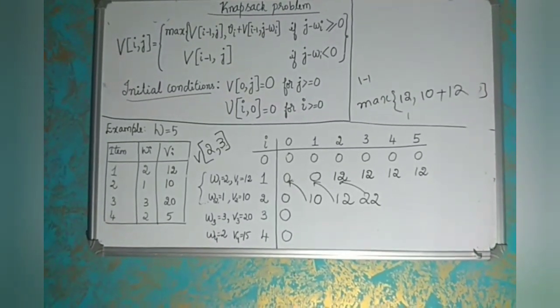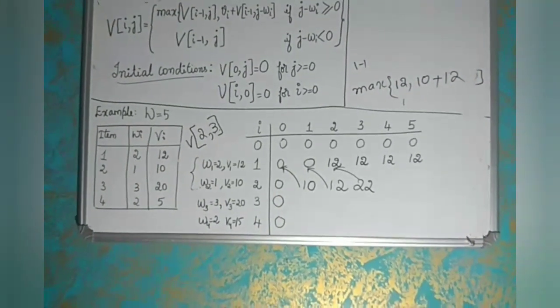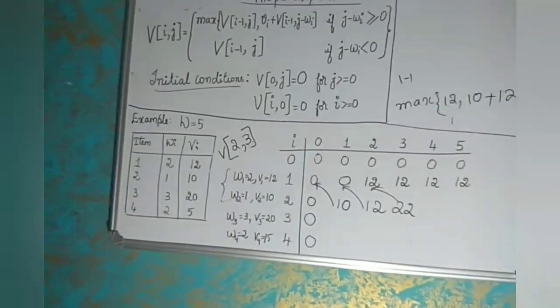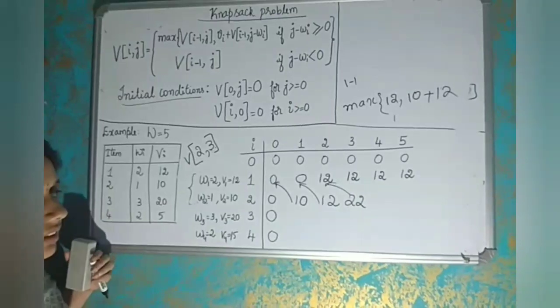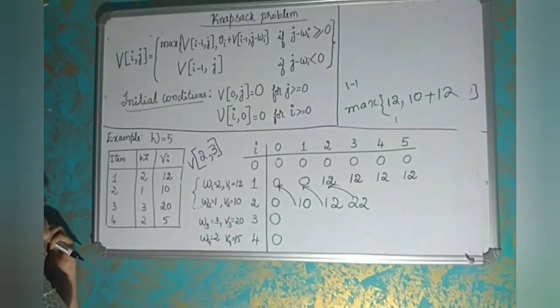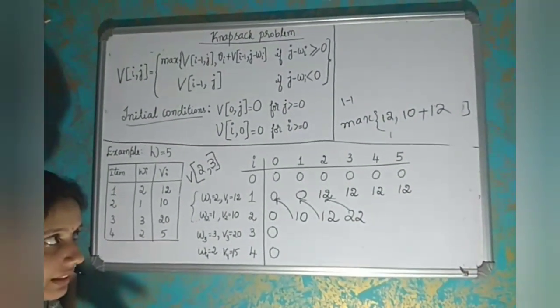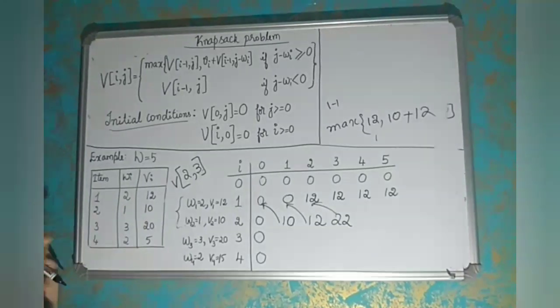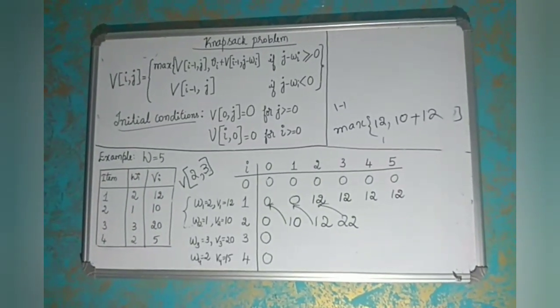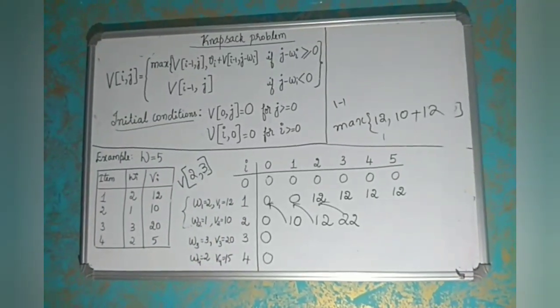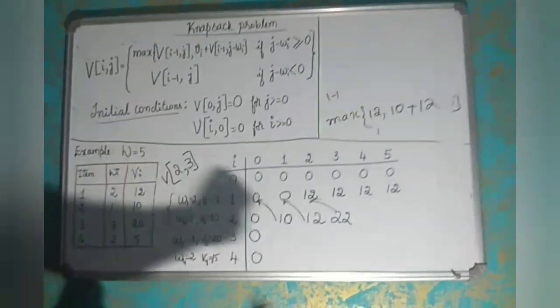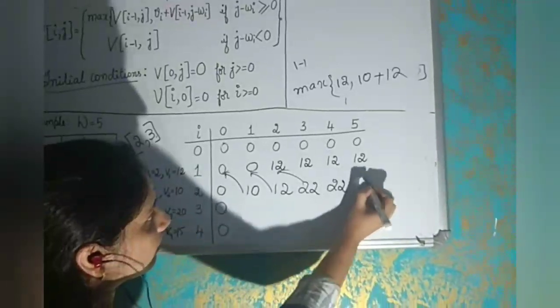We can directly write the value, because we have already considered both the items and we got the value as 22. Though there is still more space to fill inside the bag, we don't have any more items here. At the max you can get 22 itself. So I can directly write 22 here.